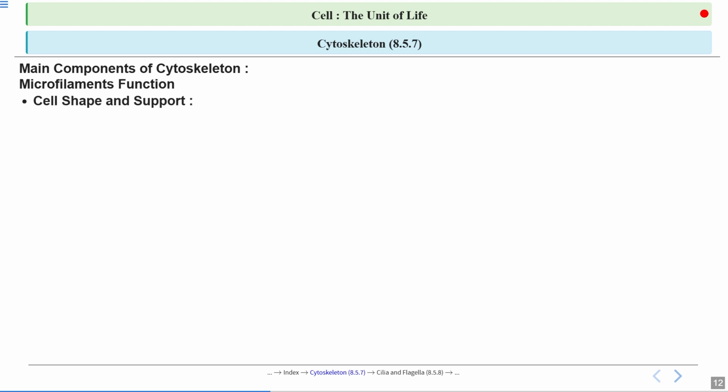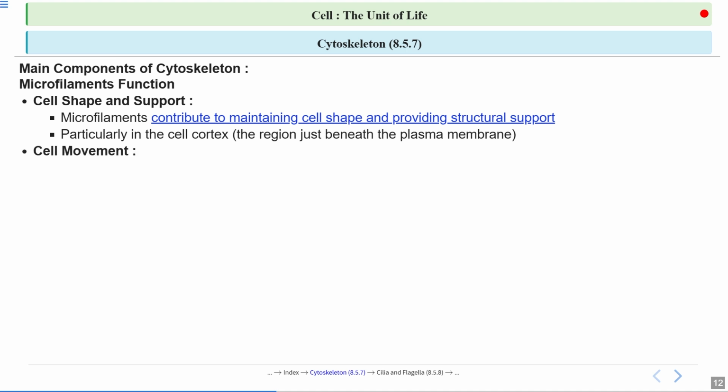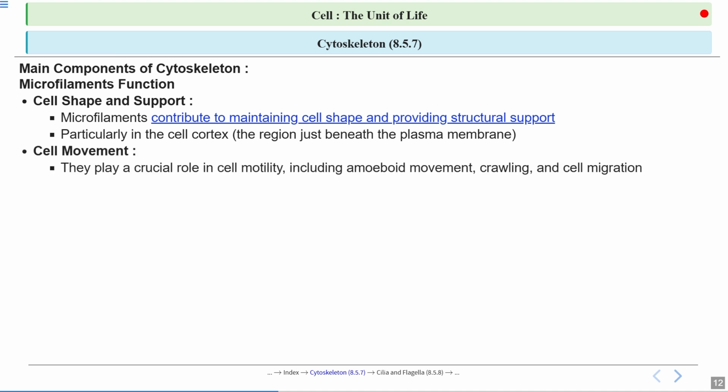Okay, functions of microfilament. First is to maintain the cell shape and support. So microfilament contribute to maintaining cell shape and provide structural support to the cell, particularly in the cell cortex, which is the region just beneath the plasma membrane. Okay, it helps in cell movement.